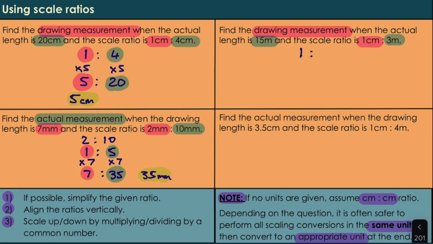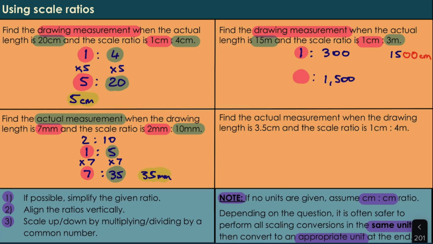We have 1 to 300 because 300 centimeters is 3 meters. Now we place our 15 in the correct column, but it is 15 meters. So we must convert 15 meters into centimeters. We multiply by 100. We would simply just add another 2 zeros, 1,500 centimeters.